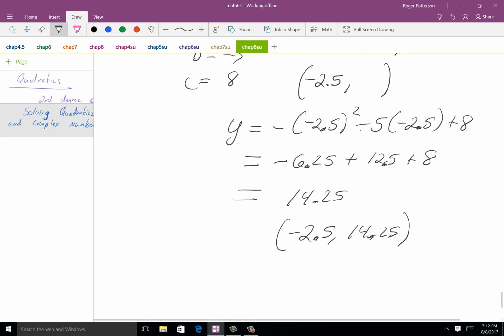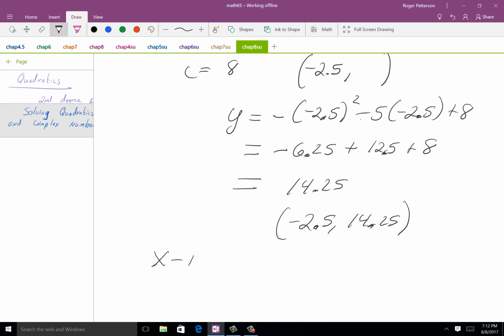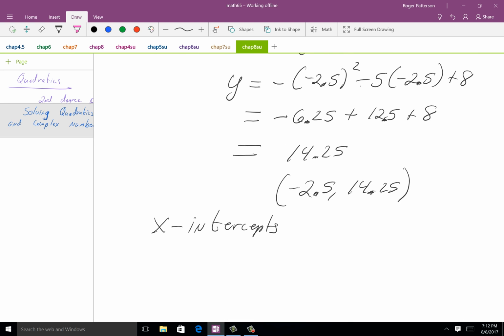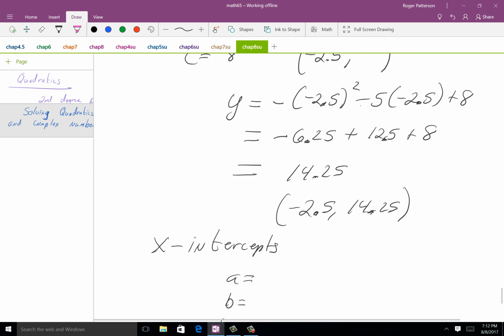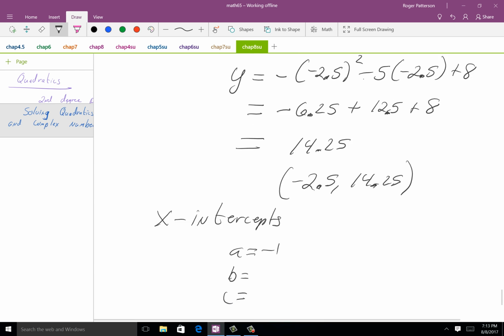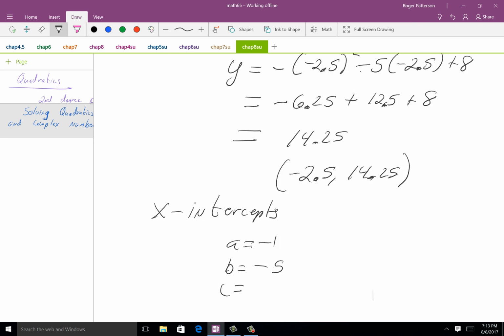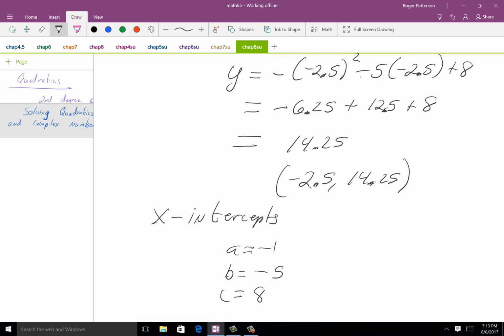Now we've got to find the x-intercepts. Alright, well the x-intercepts are no different than the solutions. We learned that last week. So, here we go. I'm going to use the quadratic formula, so I go back up to my a, b, and c: negative 1, negative 5, 8. Oh, I hope this has x-intercepts. Yeah, it should. Okay.